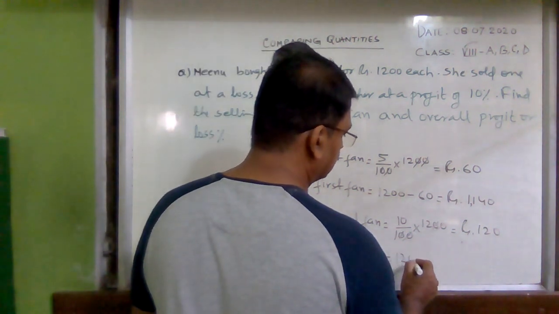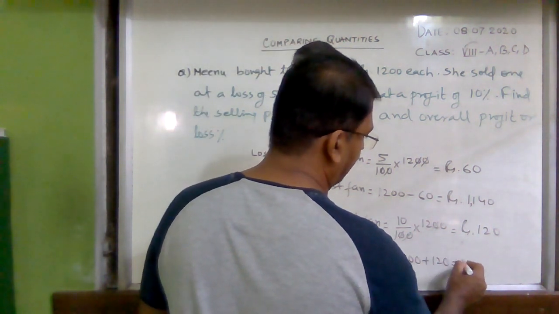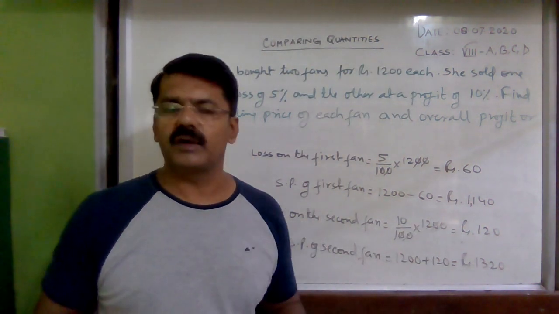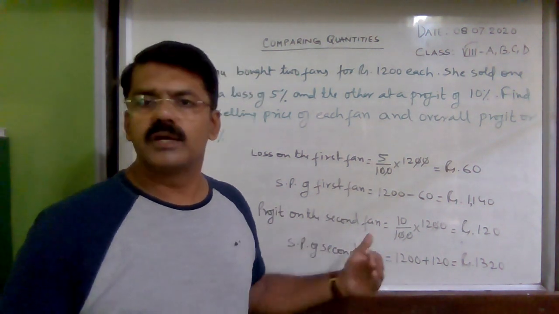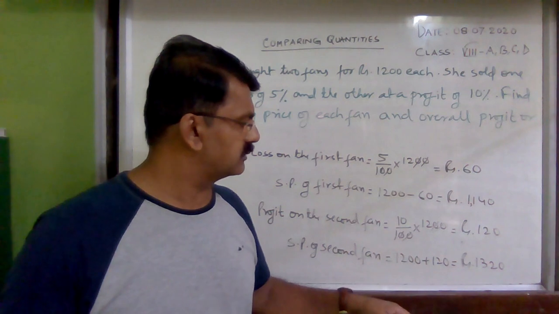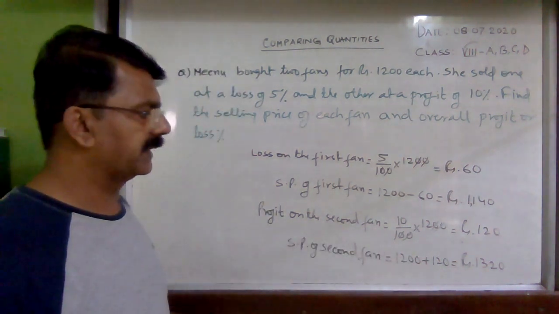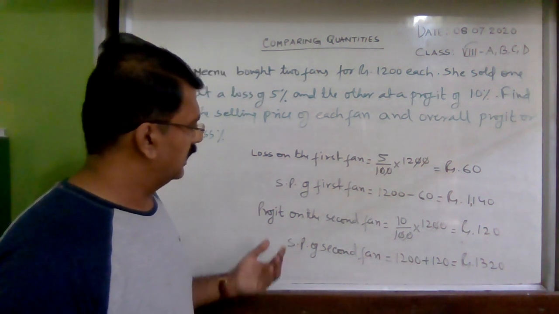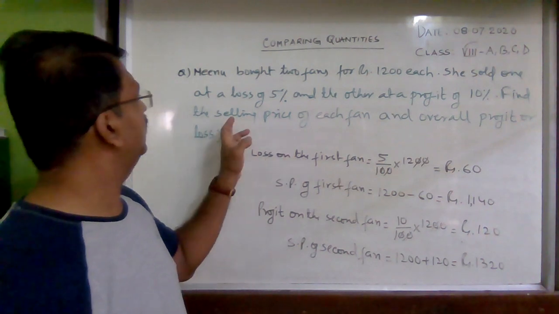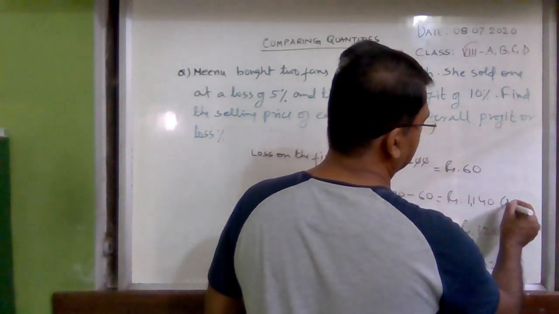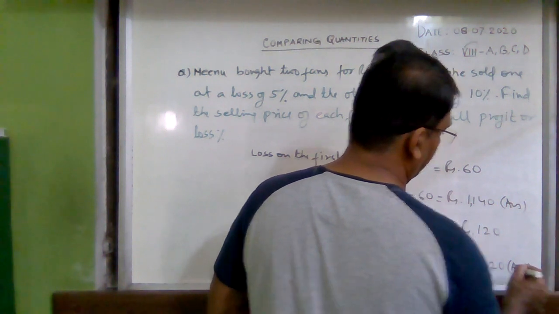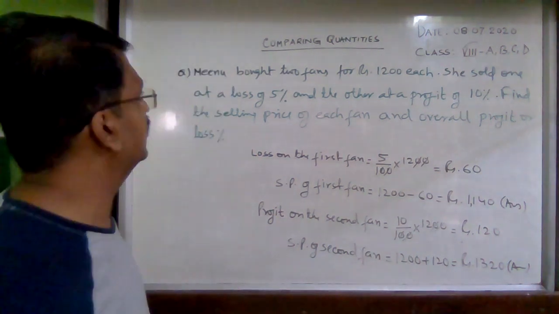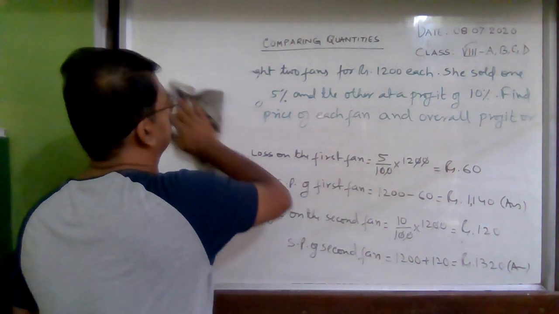So 1200 plus 120, that is rupees 1320. So 1200, that is the CP of the fan, plus 120 will give you 1320. Clear? Now this is one of the answers and this is one of the answers, and finally we have to find the overall profit or loss percent. For that we need net CP and net SP.